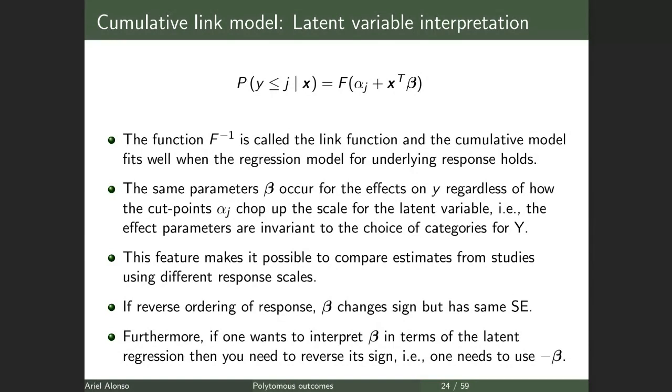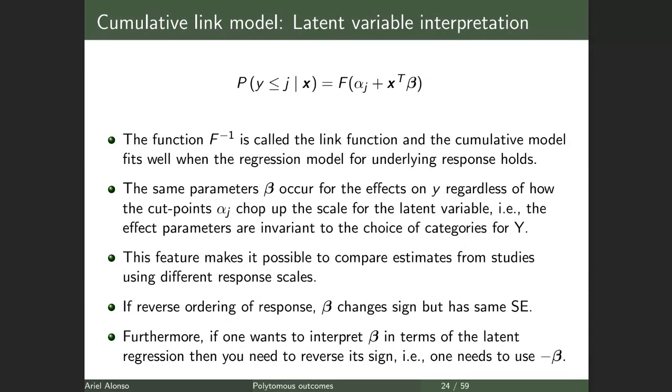And this is a very nice property, because think about it. If you have the same parameters beta regardless of the j you are using, that means that regardless of the cutoff points you use to chop up your latent variable to construct your ordinal variable, the effects of your covariates are going to be the same.